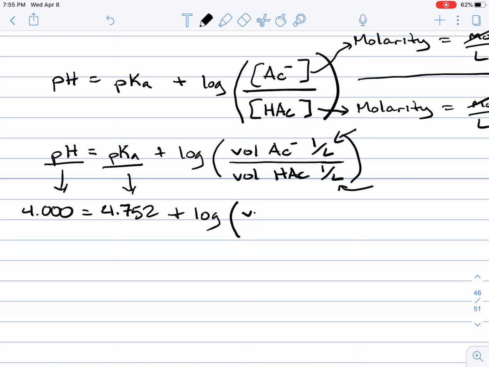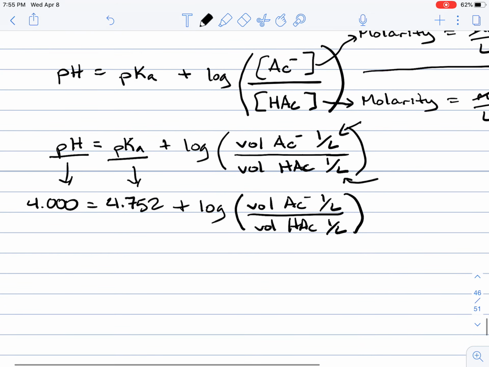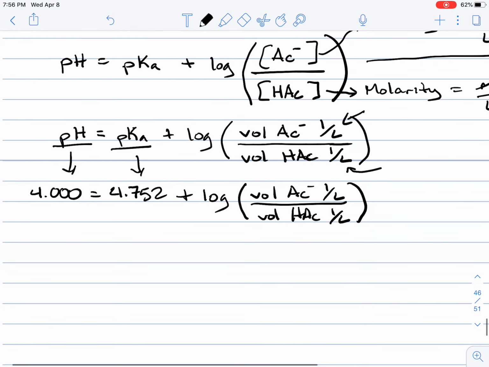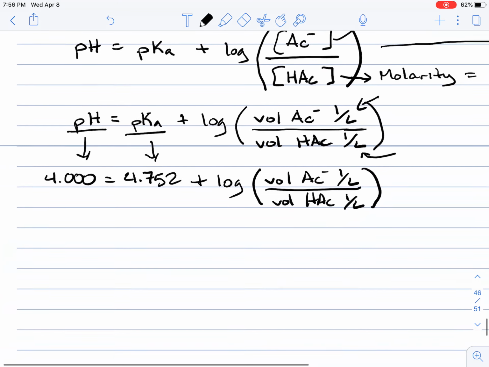So I just have the volume of acetate on a per liter basis divided by the volume of acetic acid on a per liter basis. And so this ratio that is left over is what we're going to solve for in this Henderson-Hasselbalch equation.